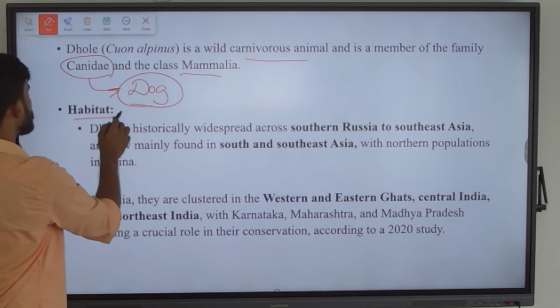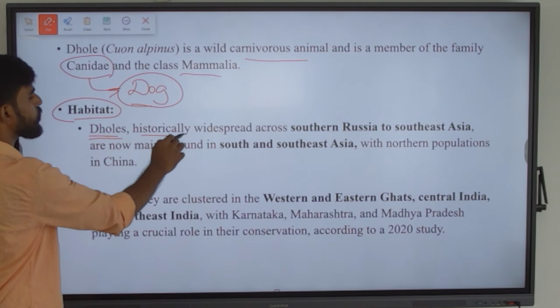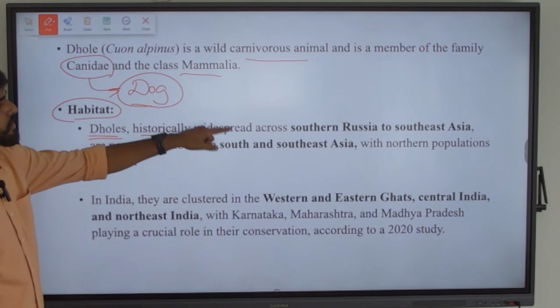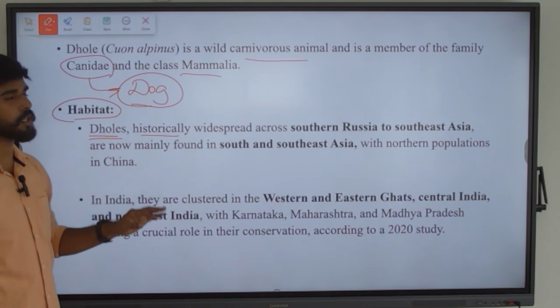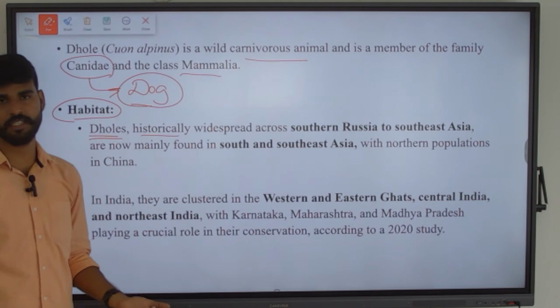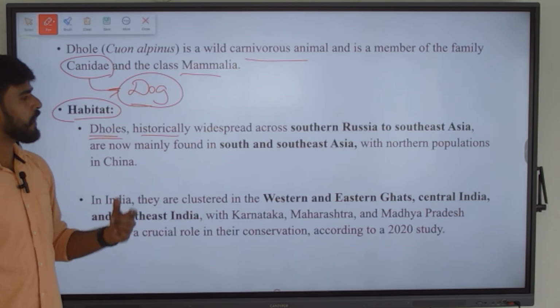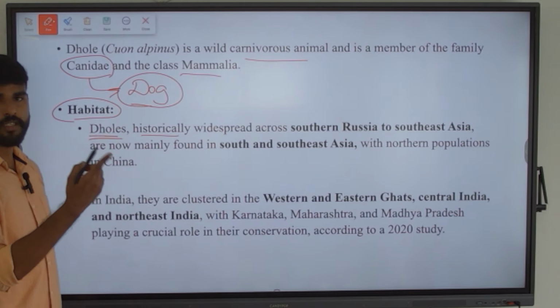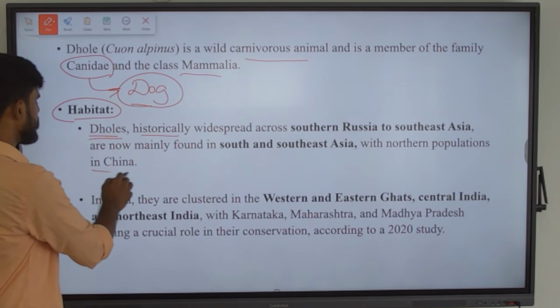Next is, what is its habitat? It is historically widespread across southern Russia to Southeast Asia and now mainly found in South and Southeast Asia. Okay, and there are also northern populations of these dholes in China.